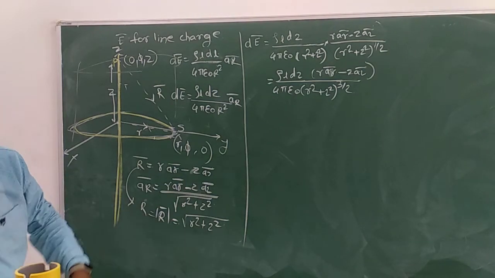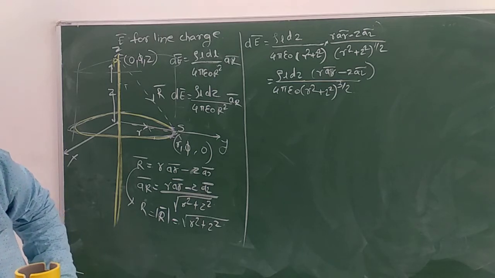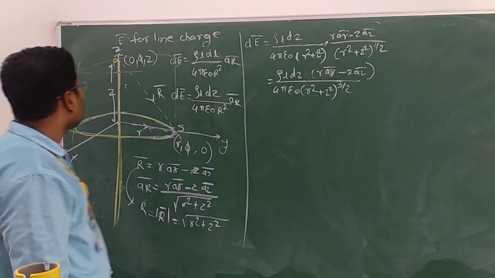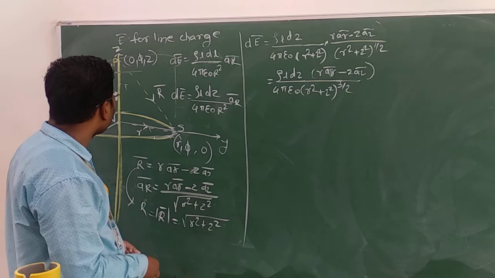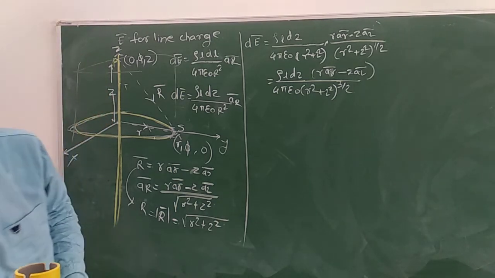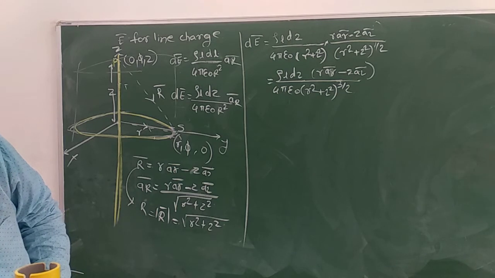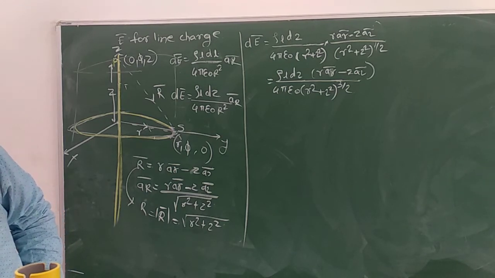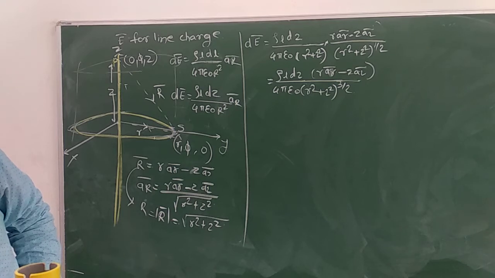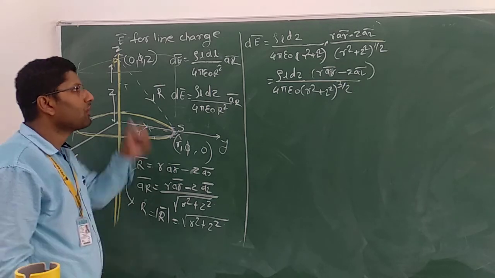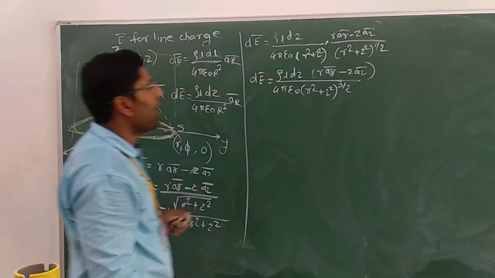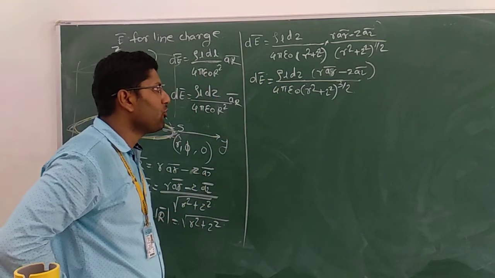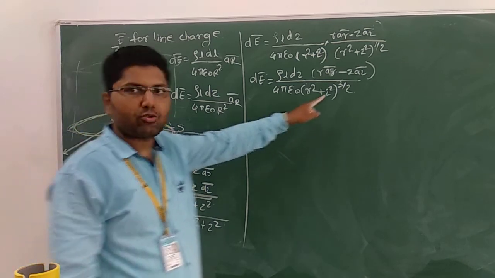Now see, we have completed up to here: dE bar equals rho L dZ (R aR bar minus Z aZ bar) divided by 4 pi epsilon 0 (R square plus Z square) raised to 3 by 2.